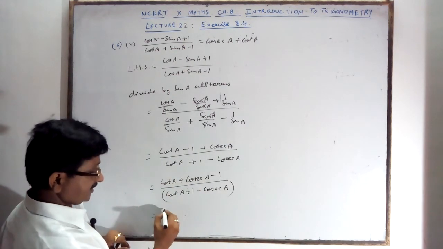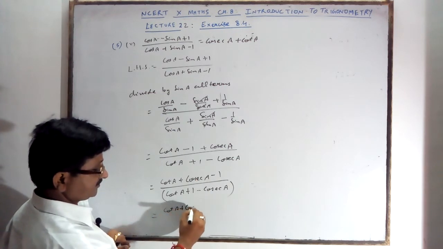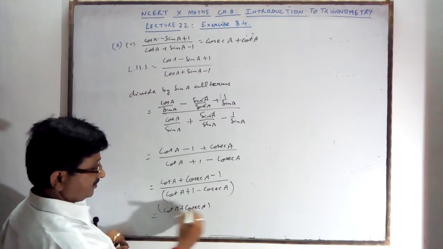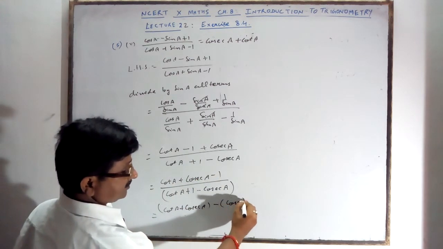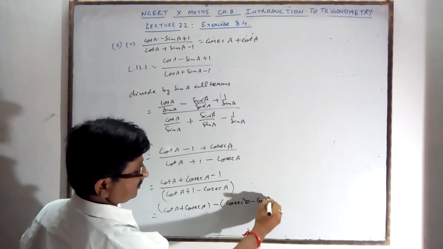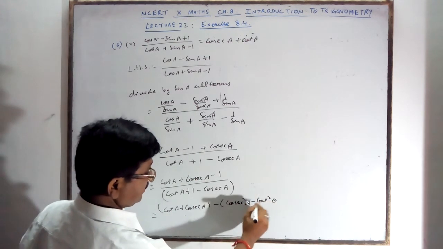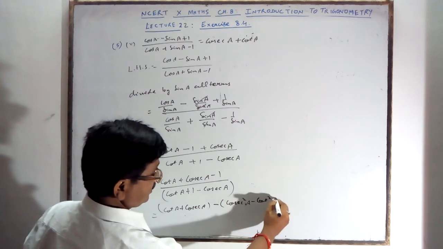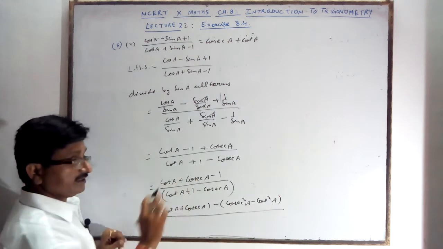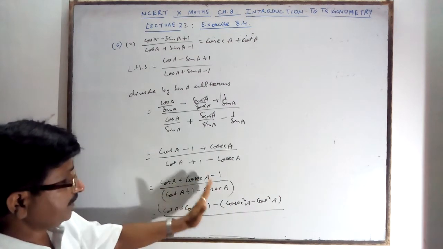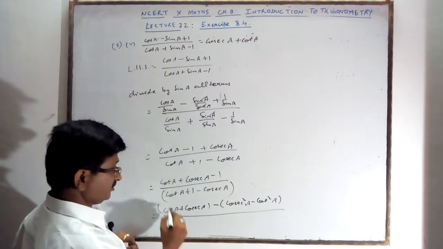So here with cosec and cot you will write cot A plus cosec A, and minus 1 will be replaced by cosec square A minus cot square A. I am applying the identity and writing here 1 replaced by this identity. Out of 3 identities, what is suitable, that you will write.